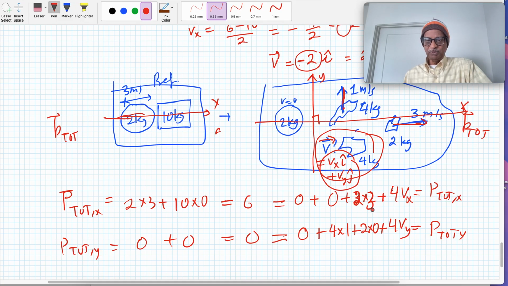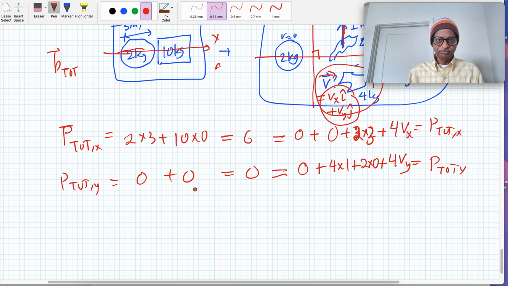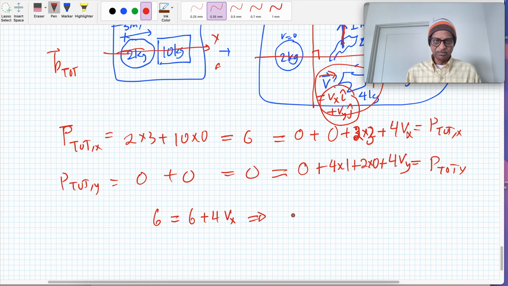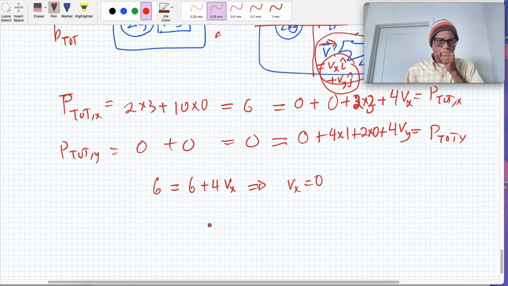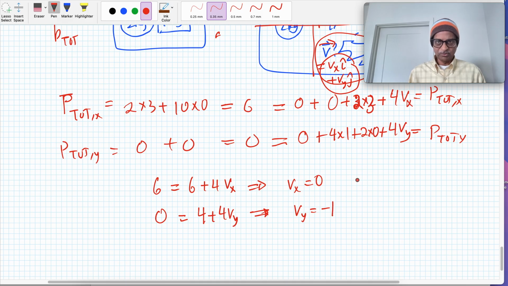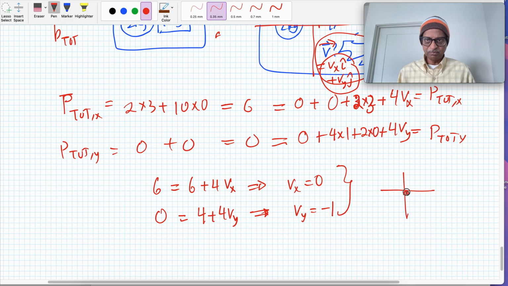So separately I equated. Excuse me. So 6 equals 6 plus 4 Vx. Oh, so Vx is 0. I set it up like that. And for Y, 0 equals 4 plus 4 Vy. Then Vy equals minus 1. So this tells me these guys come straight flying down.